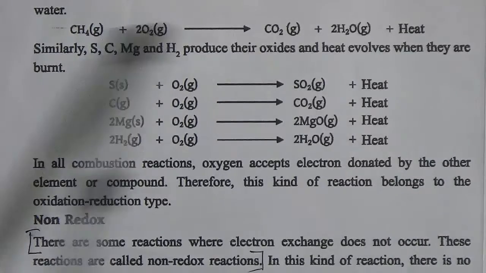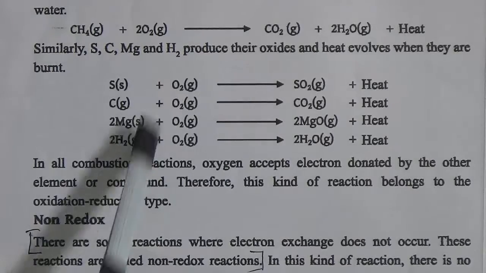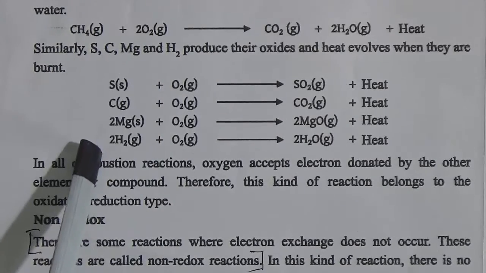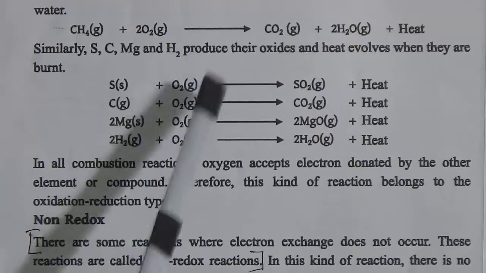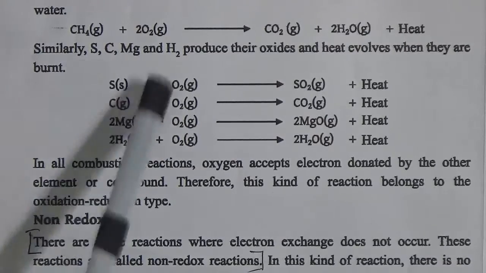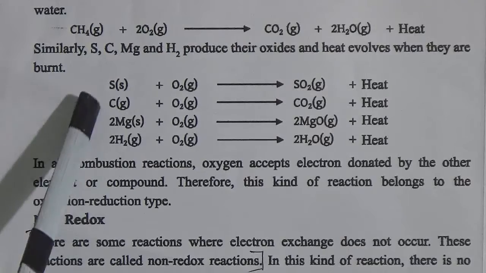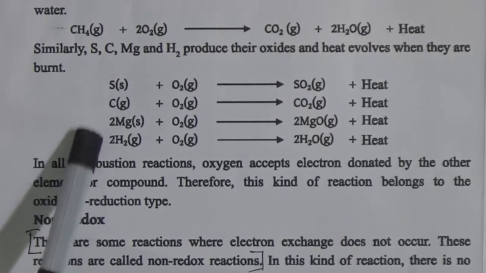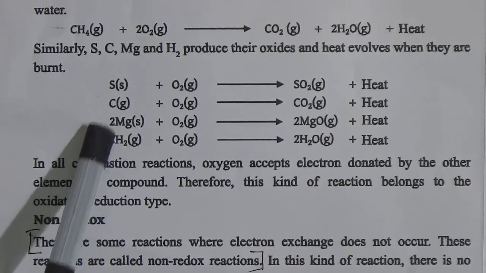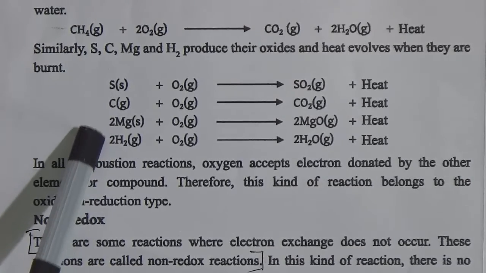These are all combustion reactions, but if you observe carefully, they are also addition reactions, and because both reactants are elements, they are also synthesis reactions. This is very important for your MCQ, that's why I am giving this information. These examples are all combustion, addition, and synthesis reactions.